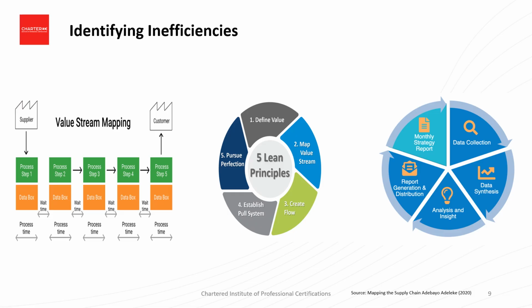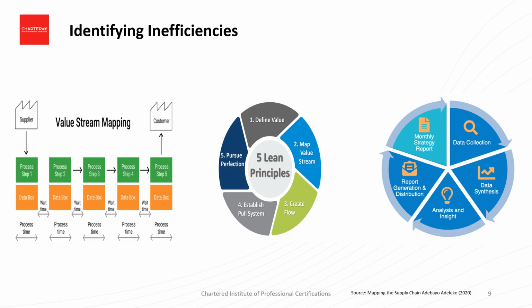By employing these techniques, organizations can identify inefficiencies such as unnecessary steps, excessive inventory, or redundant tasks. Once identified, appropriate strategies can be implemented to eliminate or mitigate these inefficiencies.